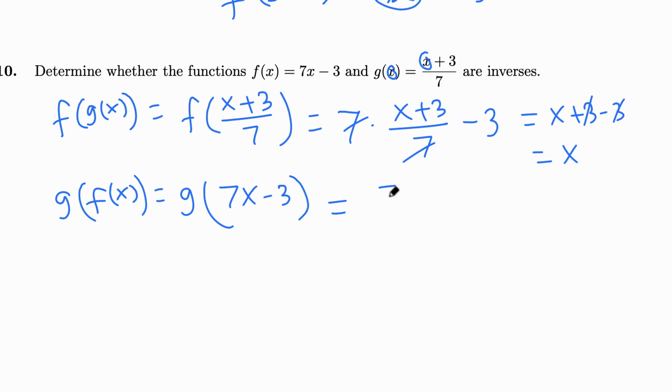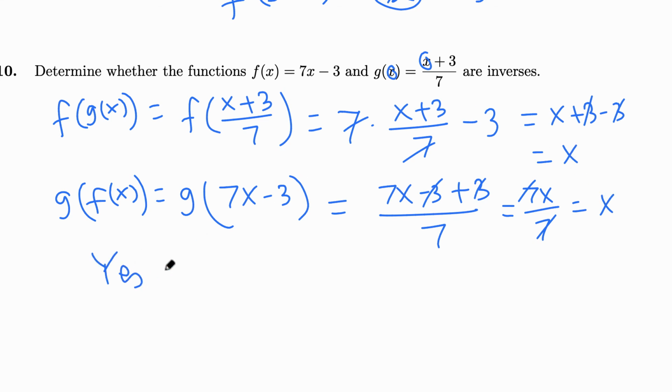So the input is 7x minus 3, plus 3 over 7, which is, the 3s cancel, 7x over 7, the 7s cancel, just x. So in each case we got x. So yes, f and g are inverses of each other.